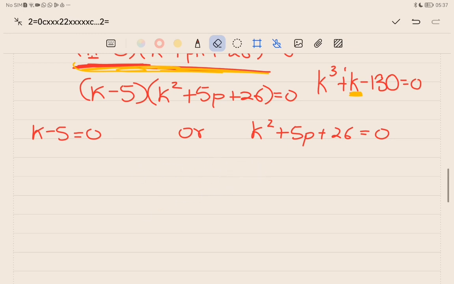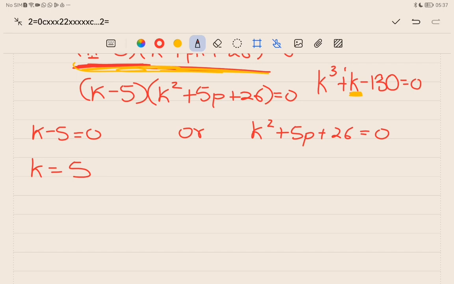But now let's focus on the issue that we are facing right now. So k is equal to 5 on this side. Then let's go to this side. This side we must factorize.